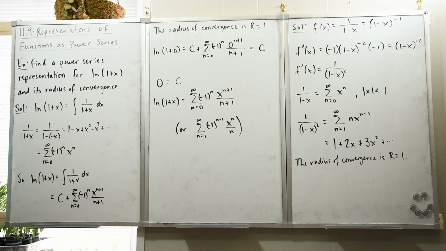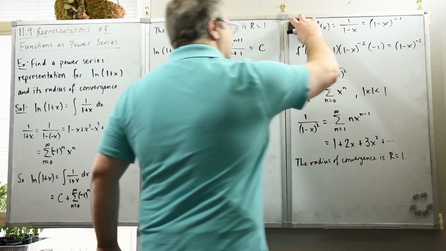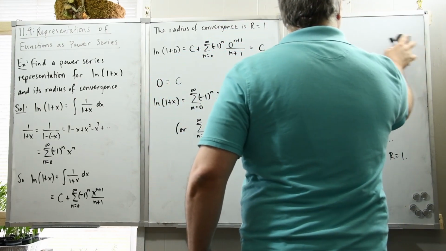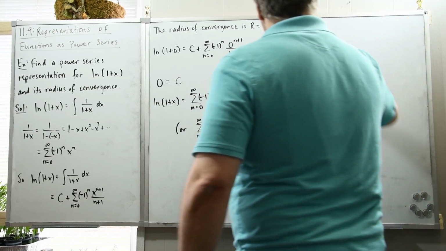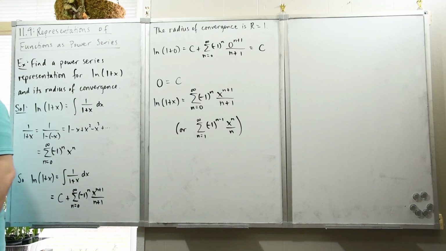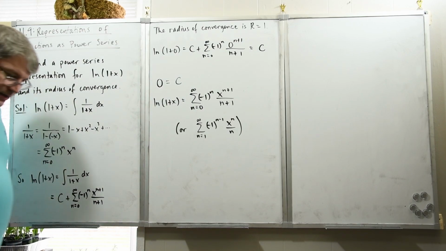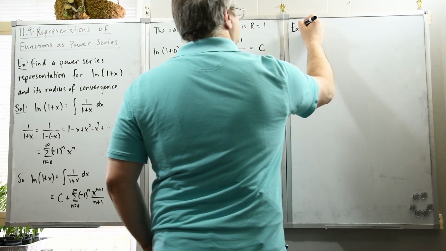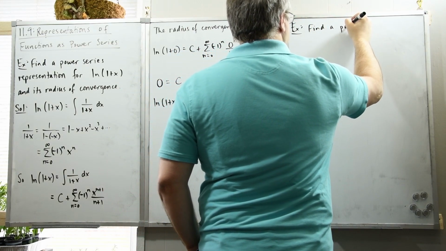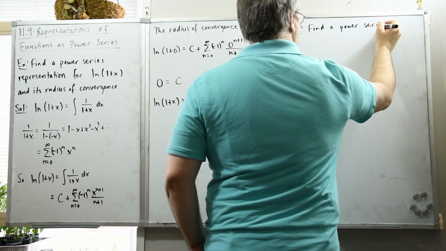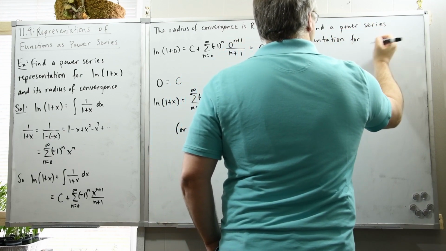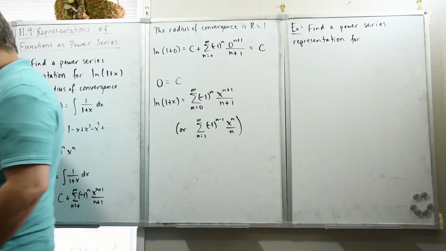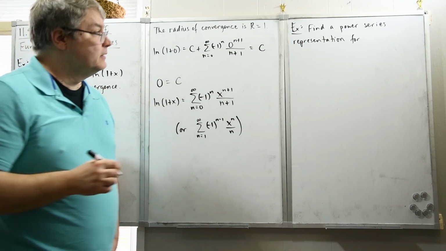All right. We'll have a couple more examples I'd like to show you. For this next example, we're going to find a power series representation for f of x equals inverse tangent of x.